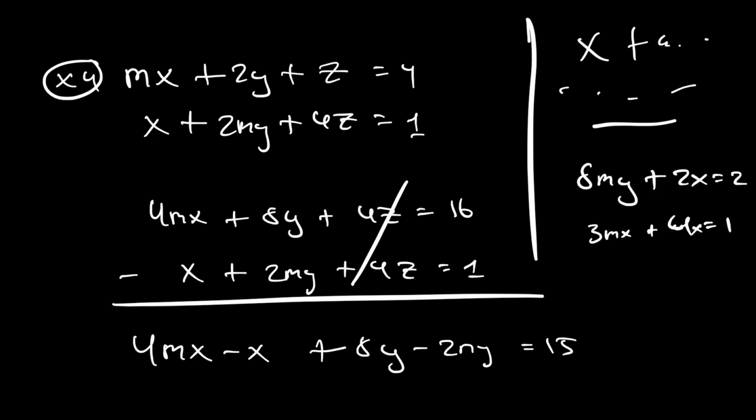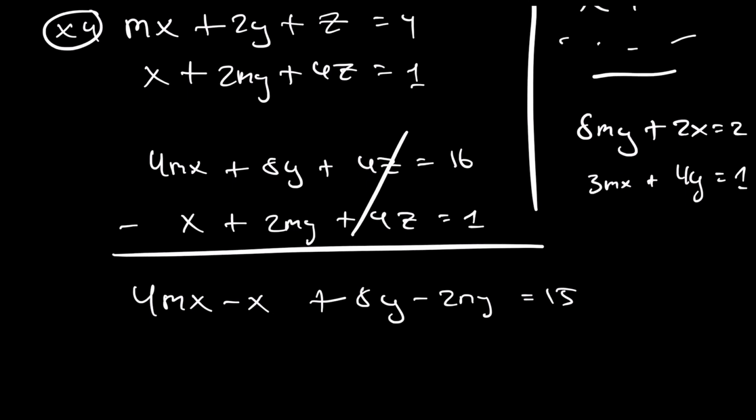This part, remember, we can take out 4m minus 1 x, because we can factorize, plus, well, let's just do minus here, minus 2m.